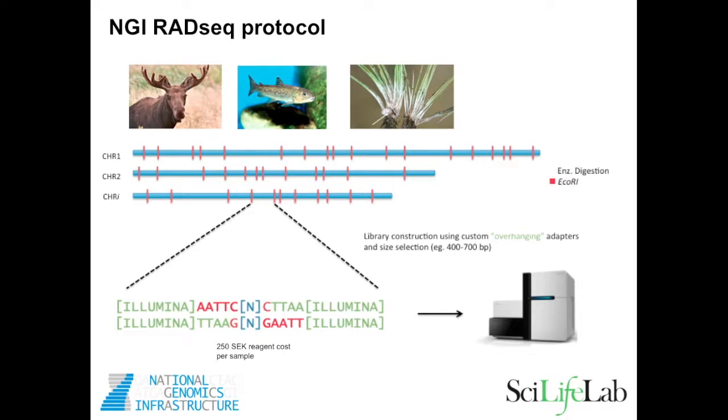This gives a quick overview of our homebrewed protocol for doing this. A genome is digested, in this case using EcoRI, and we have adapters that fit to the overhangs of these digestion sites, and then we do a size selection and then sequence these libraries.